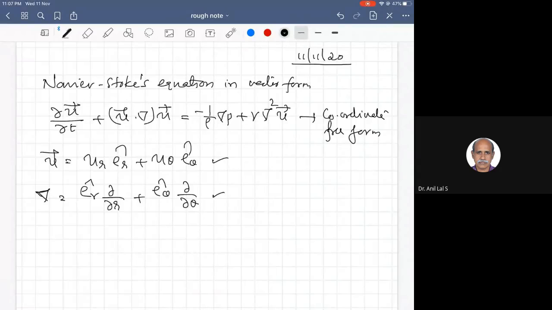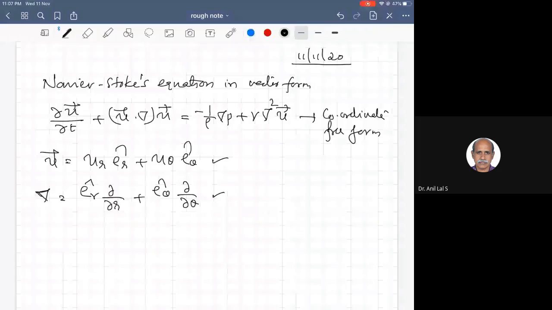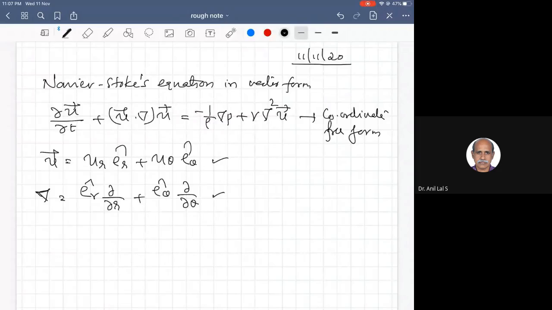The intention of this derivation is to show how certain extra terms come when you are expanding the Navier-Stokes equation in polar coordinate system. If you compare these equations in polar coordinate system and Cartesian coordinate system, we see a few extra terms. How are these extra terms coming?